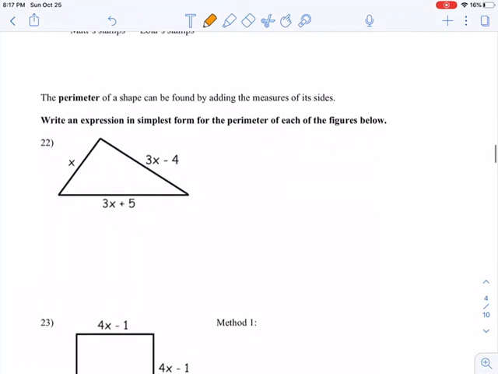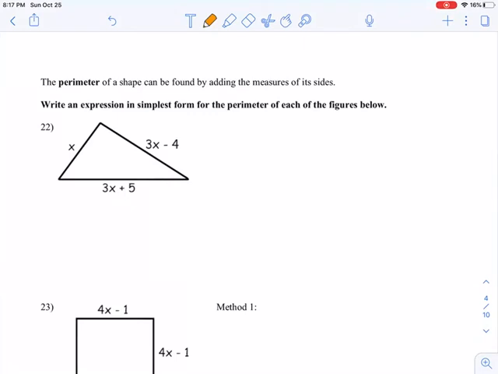If you look at the perimeter ones, perimeter means to add up all the sides to see the distance around. So if you look at number 22, we're adding 3x minus 4 to 3x plus 5 to x. So I'm going to change that one to a plus negative.